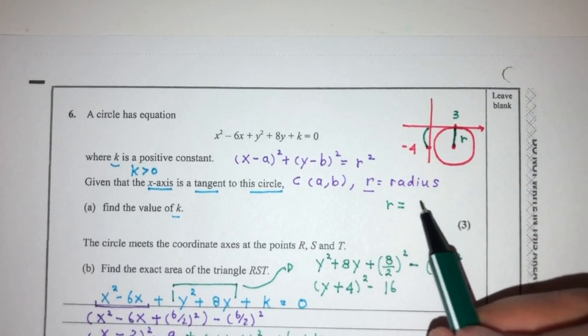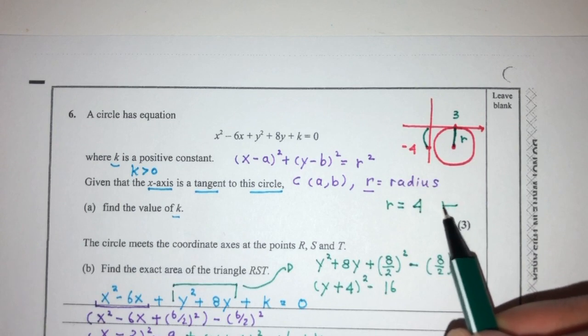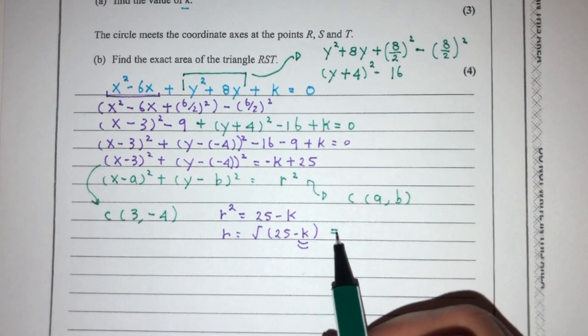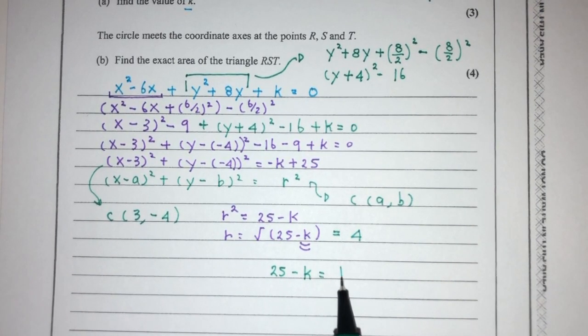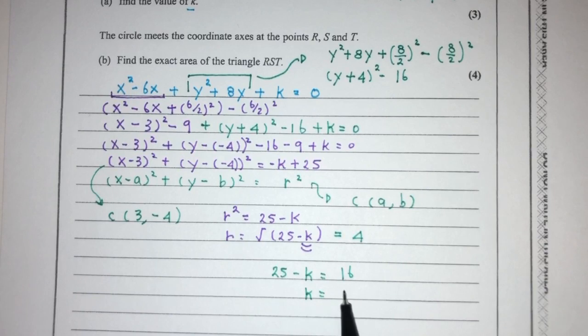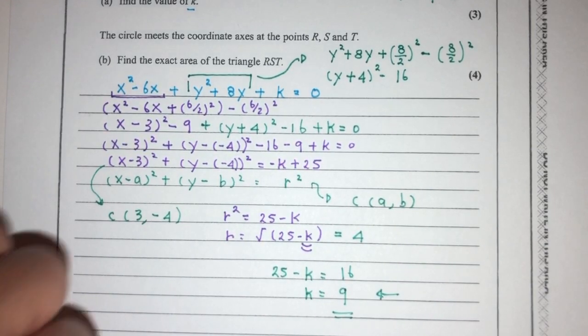The radius is equal to 4, as we can also see from the diagram. So by comparison, this is also 4, so 25 minus this gives you 16, so k has to give you the value of 9. This is part 1 of the question.